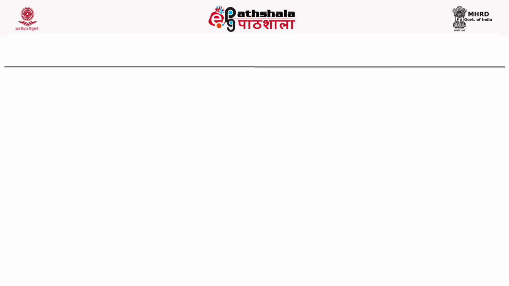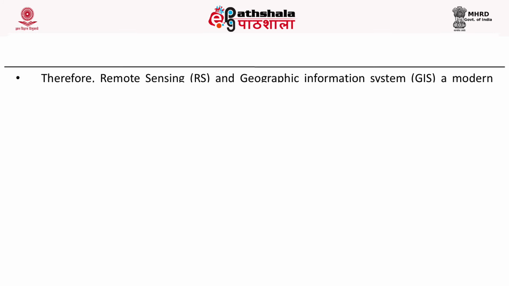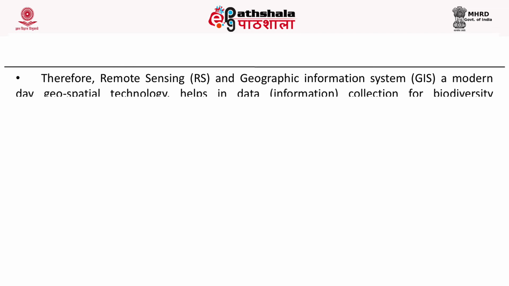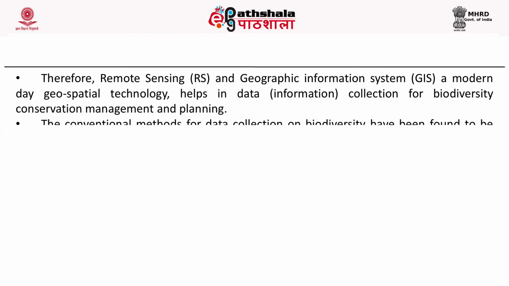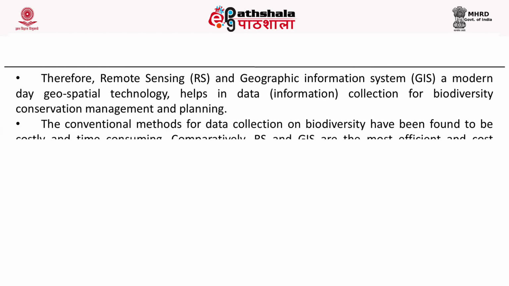Therefore, remote sensing and GIS, that is modern day geospatial technology as we just mentioned, helps in collection of data or information for biodiversity conservation, management and planning. The conventional methods for data collection on biodiversity have been found to be costly and time consuming.